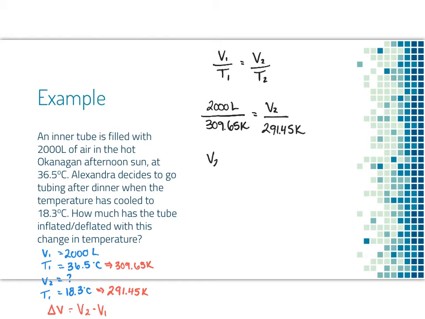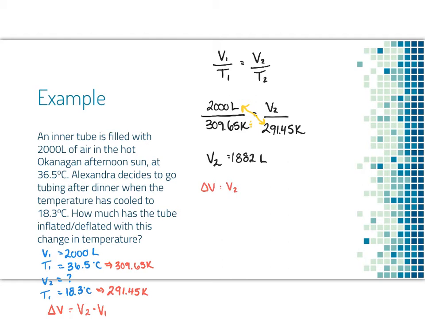For V2, we're going to cross multiply this way because this is where we have two values, and divide by the value opposite of V2. When we do this, I get that V2 was 1,882 liters.